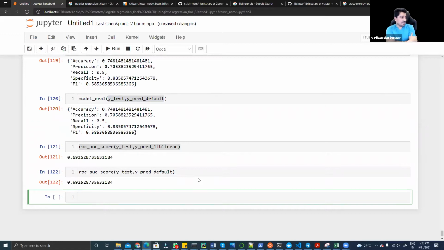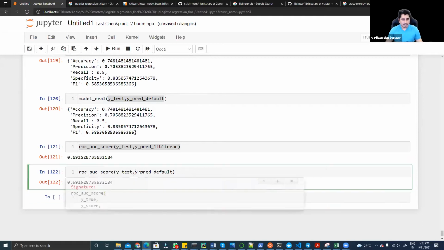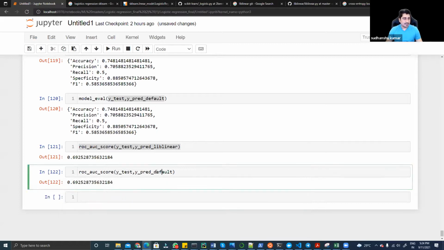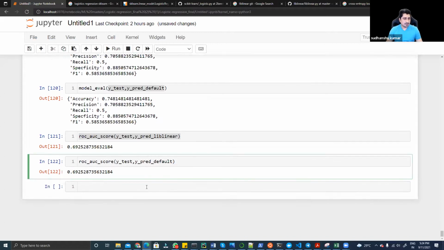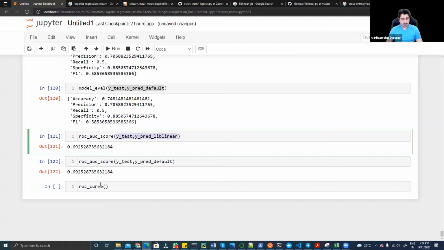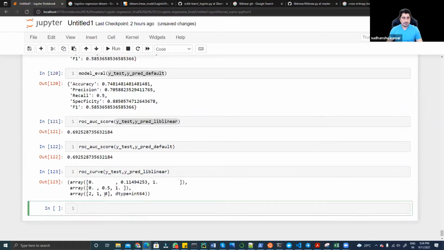Even AUC we are able to print over here easily. It's very easy to print these kind of things, right? Again, if we have to print an ROC, maybe I can call roc_curve and give this one.